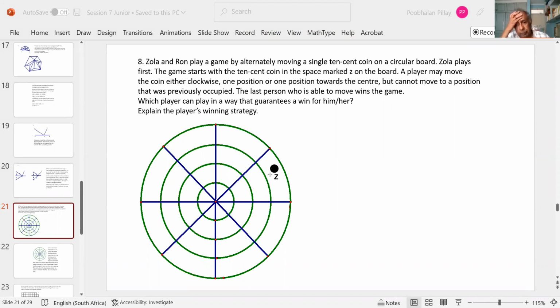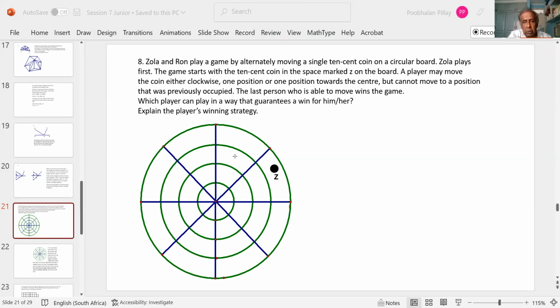And then after that, a partner called Ron, maybe Ronald, takes it wherever it goes and makes a move. He can go in any direction, but he must not go to a square which has already been used. That's the rule.